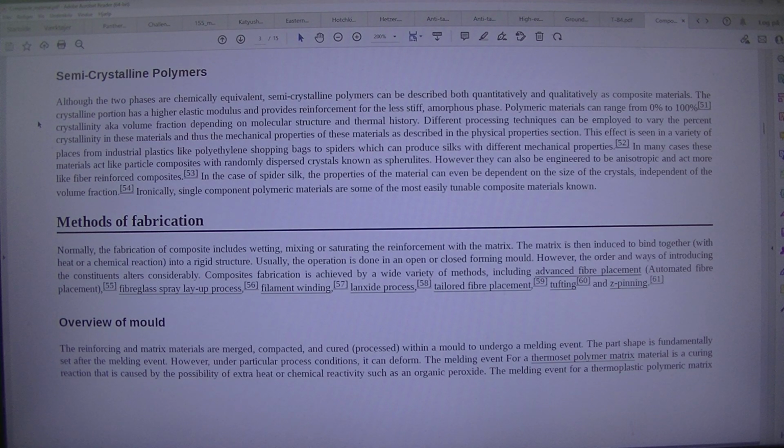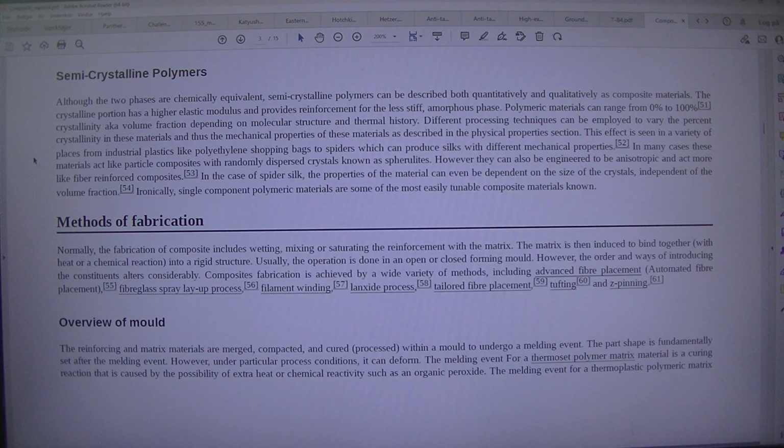Polymeric materials can range from 0% to 100%, 51. Crystallinity aka volume fraction depending on molecular structure and thermal history. Different processing techniques can be employed to vary the percent crystallinity in these materials and thus the mechanical properties of these materials as described in the physical properties section.